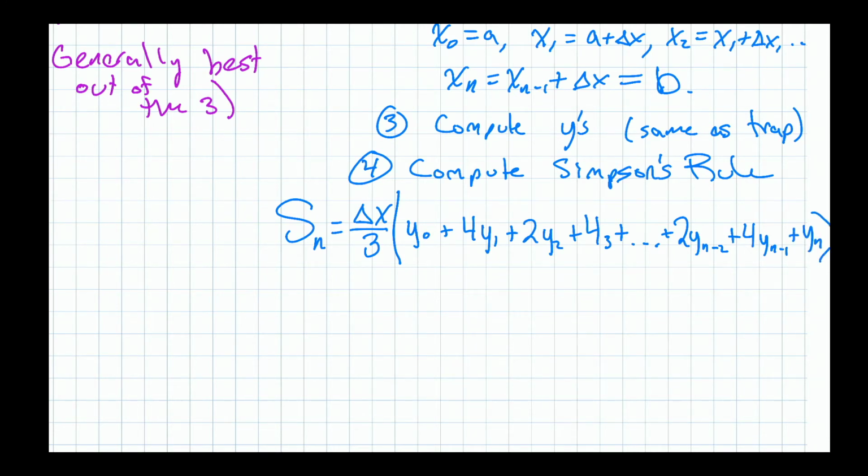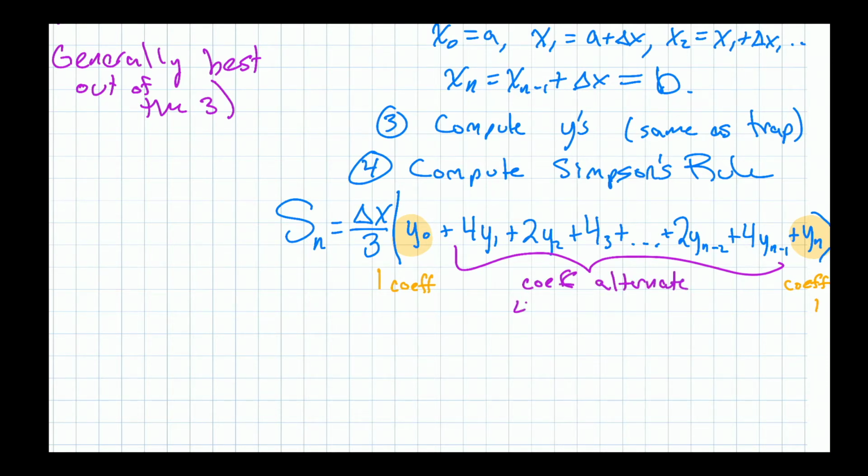All right, let's describe what we're looking at here. First of all, the one at the beginning and the one at the end have coefficient 1. Now in between, the coefficients alternate 4, 2, 4, 2, 4, dot dot dot, but it has to start and end with a 4.